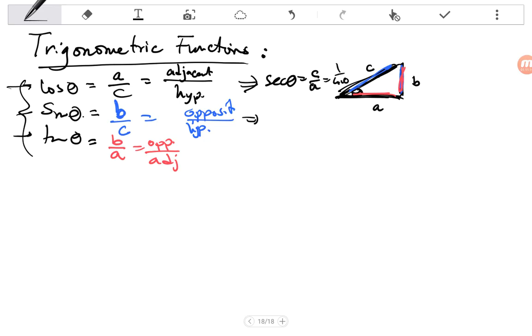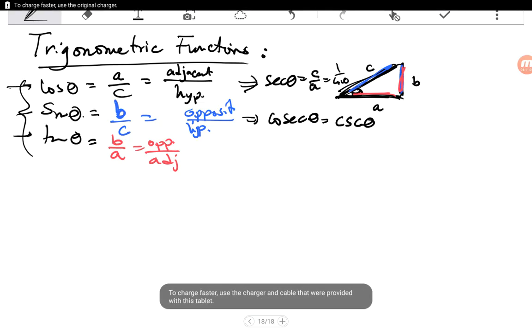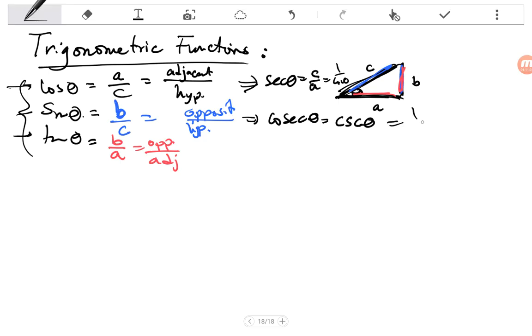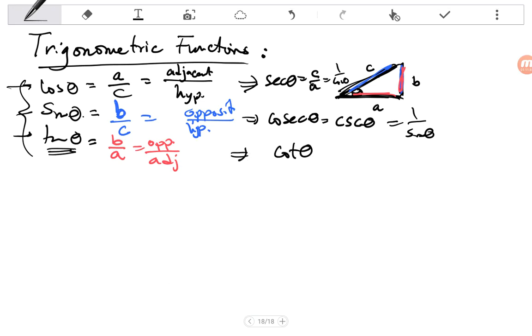Sine theta, its reciprocal is cosec theta, which is 1 over sine theta. Also we have tan theta. Its reciprocal is called cotan theta.